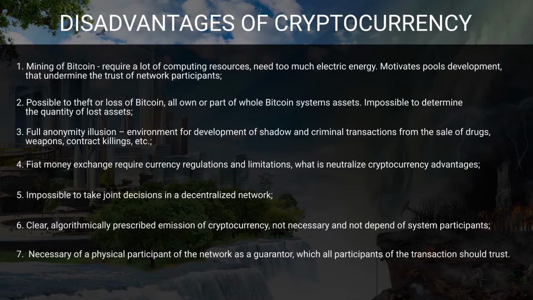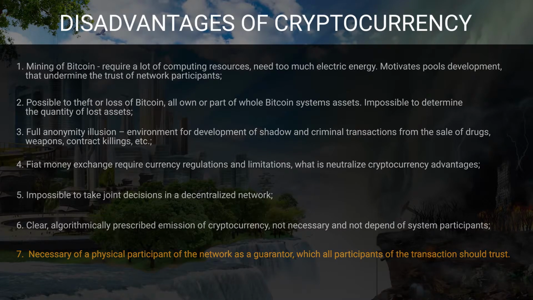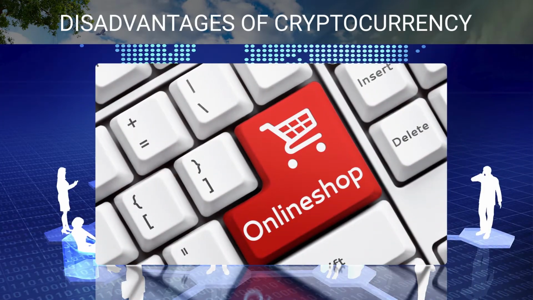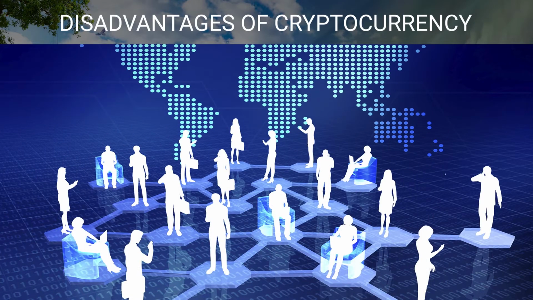The next disadvantage refers to the basic quantity of existing cryptocurrencies: the necessity of a physical participant of the network as a guarantor, whom all participants of the transaction should trust. This disadvantage appears when people want, or are forced, to make a transaction without physical contact.